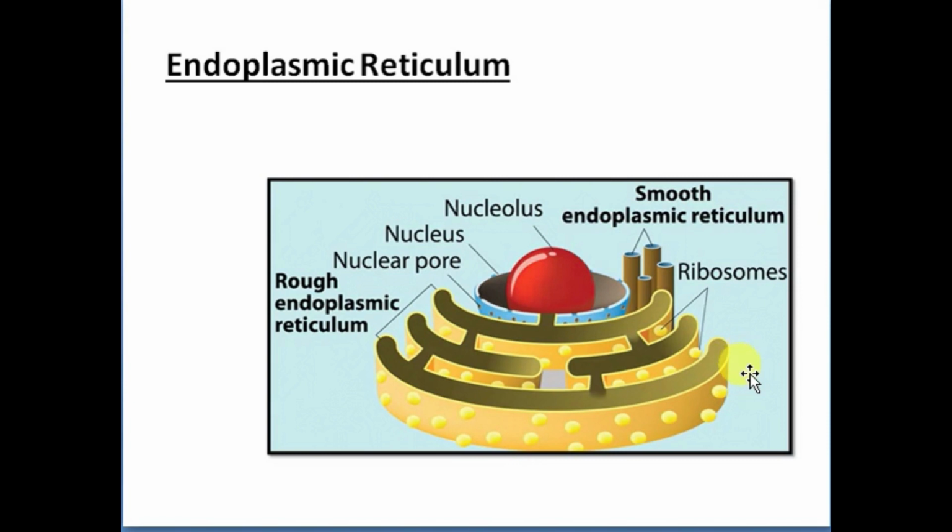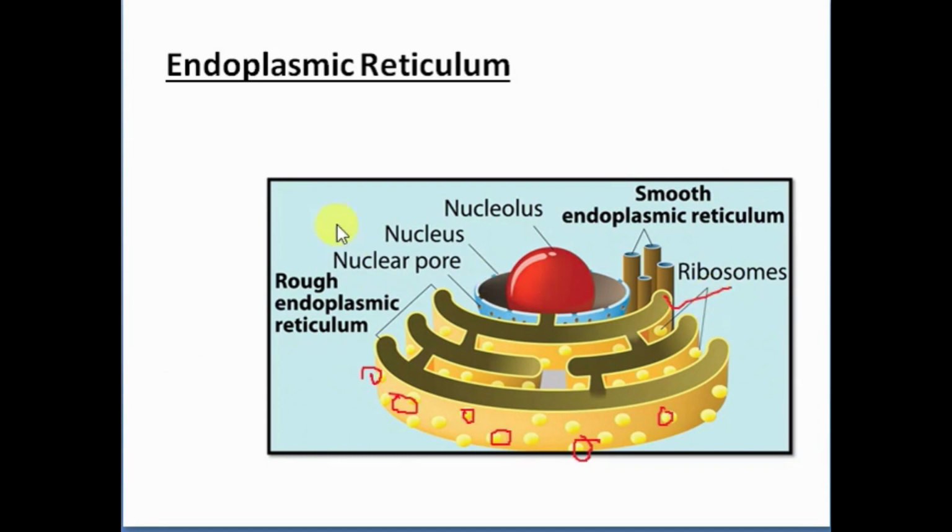How are rough and smooth endoplasmic reticulum different, and why are they called rough and smooth? It is because of the presence of ribosomes. These ribosomes are attached to the rough endoplasmic reticulum, and because of this it is called RER. In smooth endoplasmic reticulum ribosomes are absent, so it is called smooth endoplasmic reticulum.